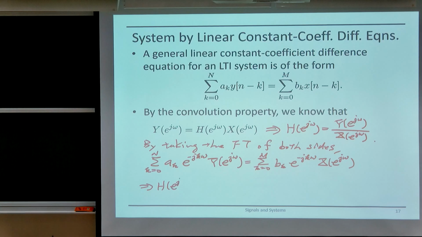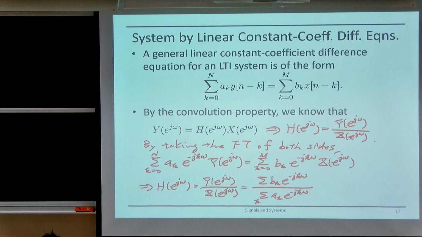So the frequency response is Y over X, which by the above formula is the summation of b_k e to the minus jk omega over the summation of a_k e to the minus jk omega. So this k goes from 0 to n, and this k goes from 0 to m.